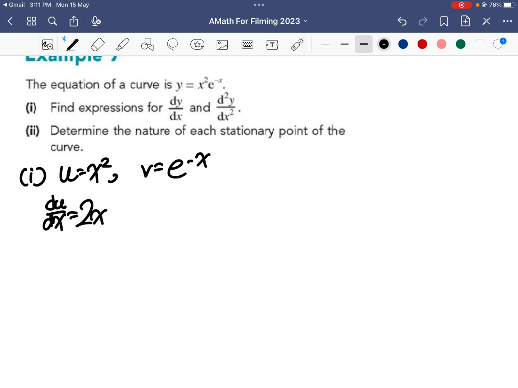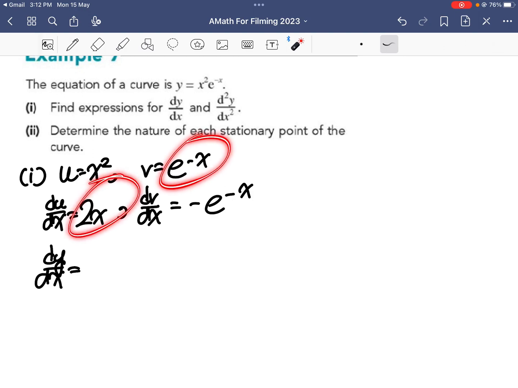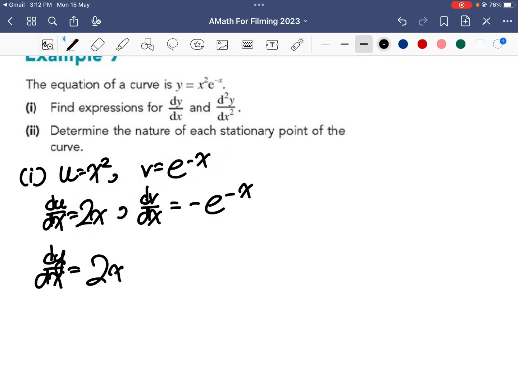Then differentiating u with respect to x, I get 2x. Differentiating v with respect to x, you get negative e to the power of negative x. Hence, differentiating y with respect to x: v times du/dx, so it's 2x e to the power negative x, plus u dv/dx, x squared times this.